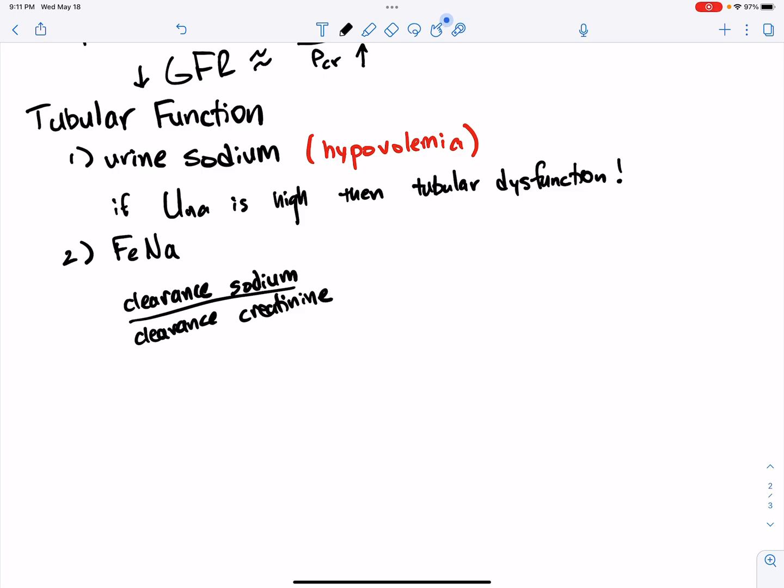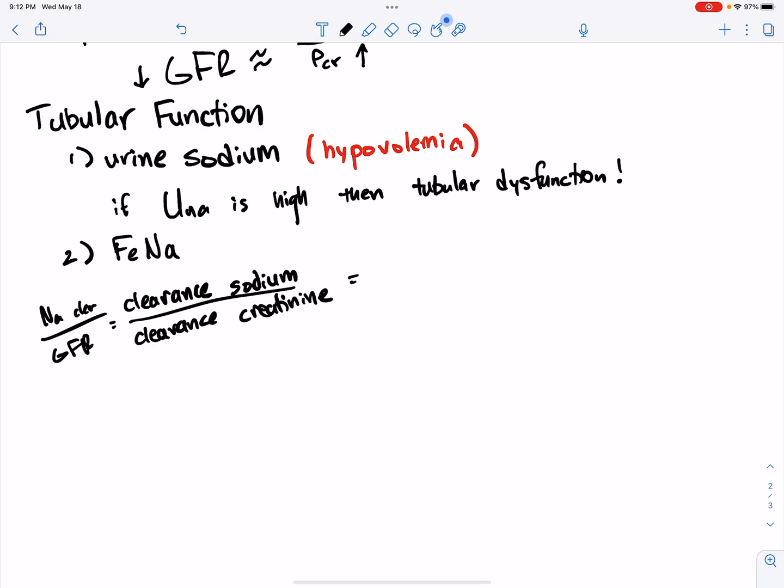So basically we're measuring our sodium clearance against the GFR. So this is effectively sodium clearance over GFR, and we can use clearance of sodium over clearance of creatinine in order to estimate that quantity.